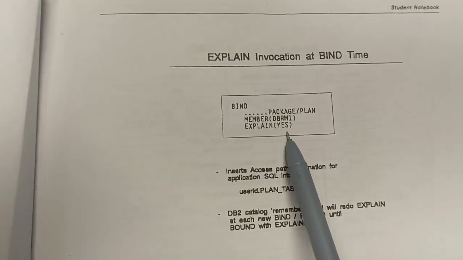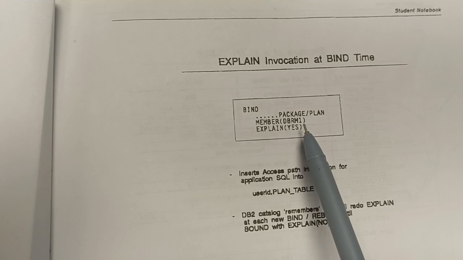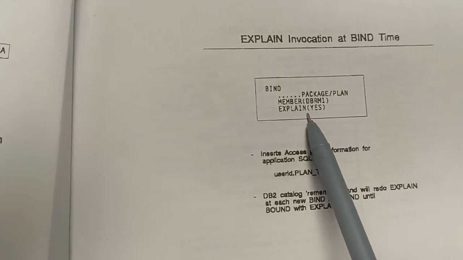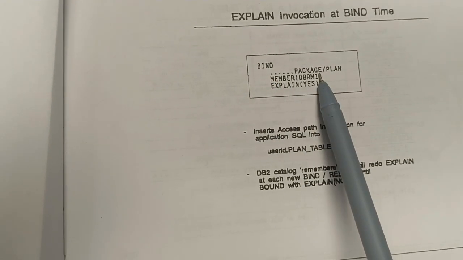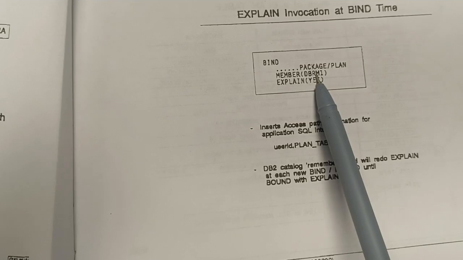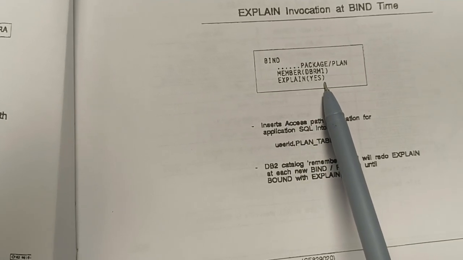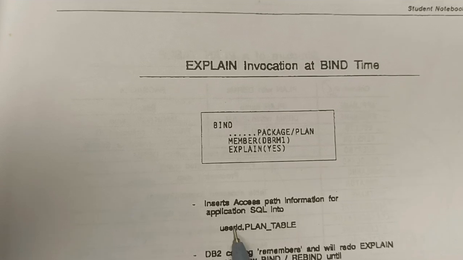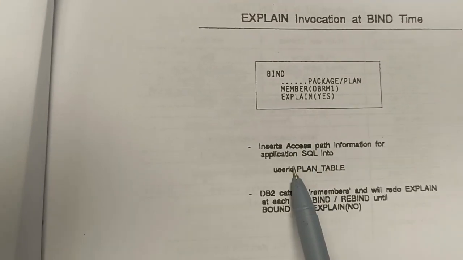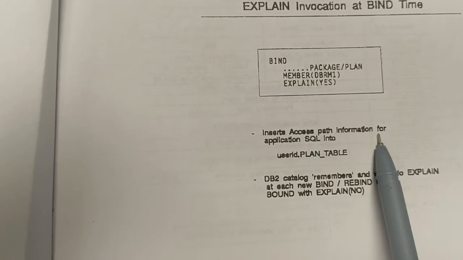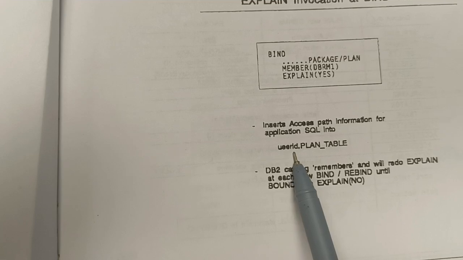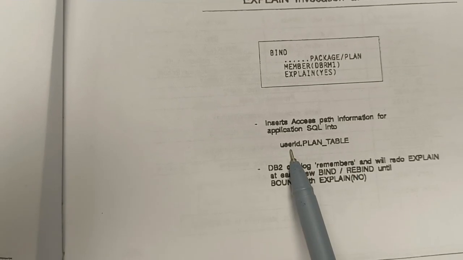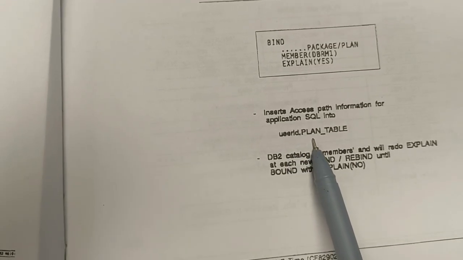Let's first see how to invoke the explain function by using bind. This is the bind syntax: BIND PACKAGE or PLAN, plan name, member name, and EXPLAIN, inside the brackets we use YES. Once you have given the bind, it inserts access path information for the application SQL into userid.PLAN_TABLE. The user ID is nothing but your RACF ID.